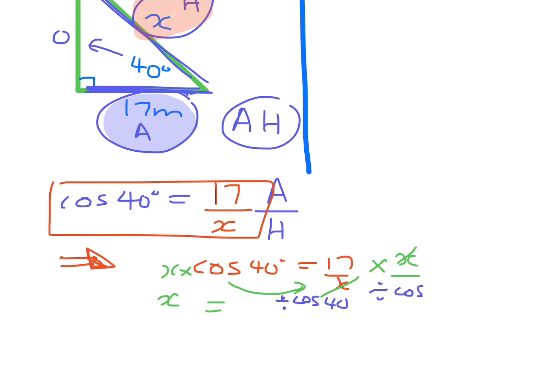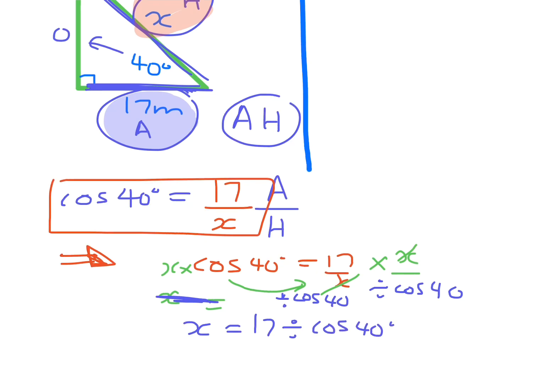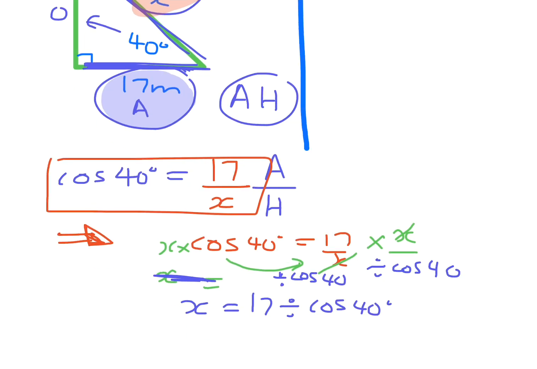Divide by cos 40, this is using your equation rules, and you end up with X equals 17 divided by cos 40. And then you put that into your calculator, 17 divided by cos 40, and you get 22.2 meters.